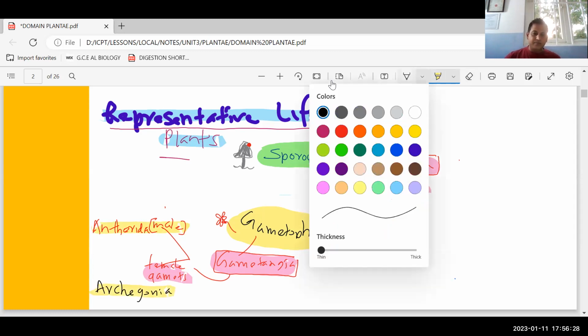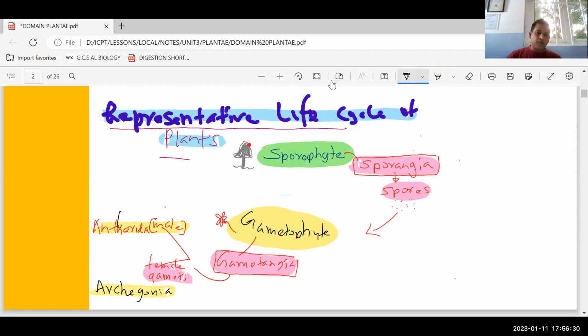And they produce sperm and ovum or egg cell. And if these two fuse, the ovum and sperm are again haploid, right? So we learned what is haploid and diploid.